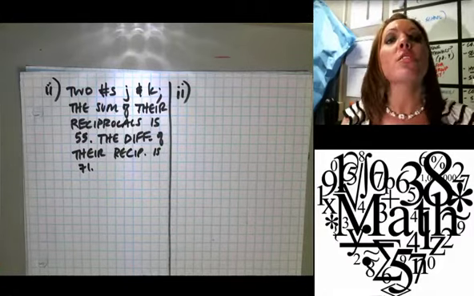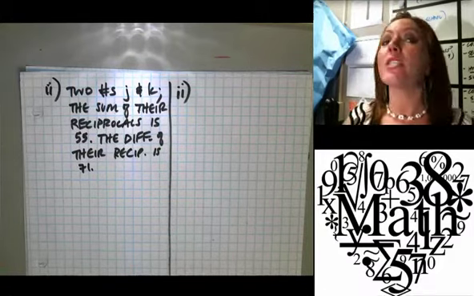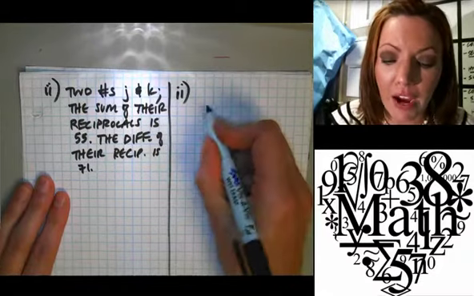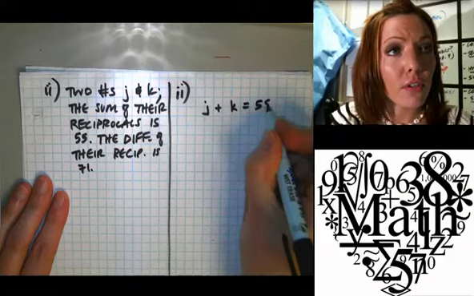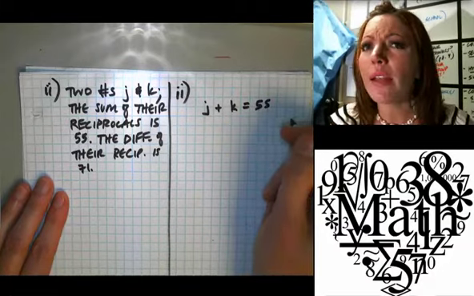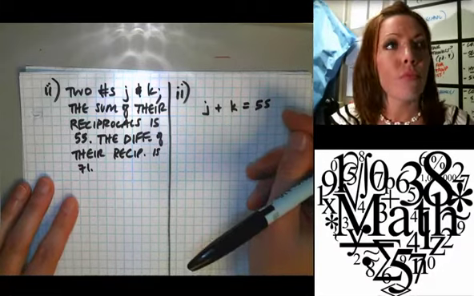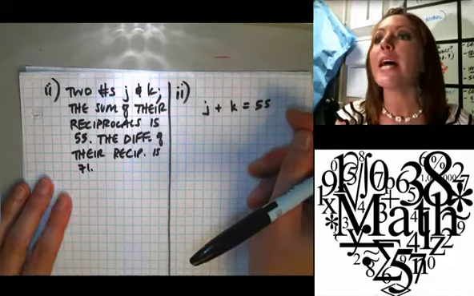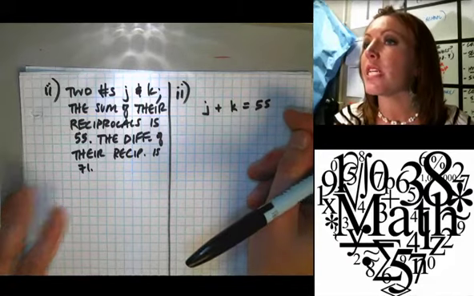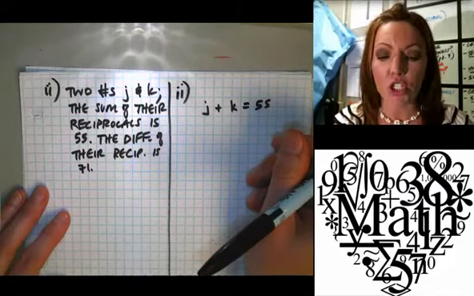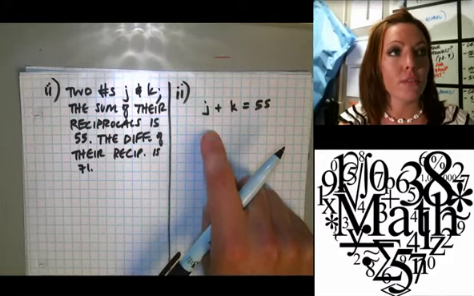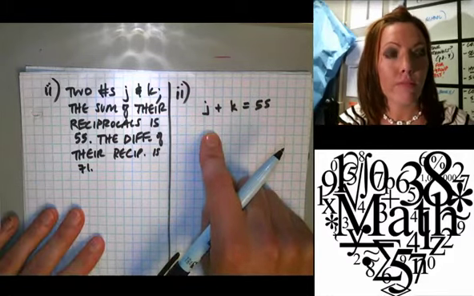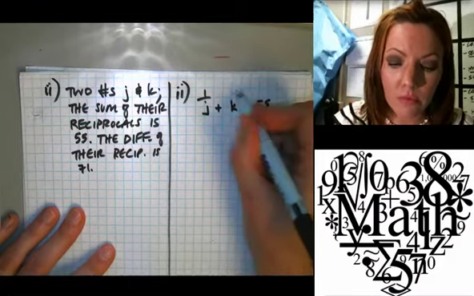If I just say the sum of two numbers is 55, is that the same thing as j plus k equals 55? Okay. What is a reciprocal again? If I ask you what the reciprocal of 2/5 is, what is it? 5 over 2. If j over 1 is the first number, Rachel? Good. Plus equals 55.